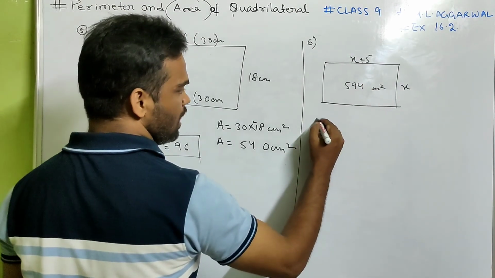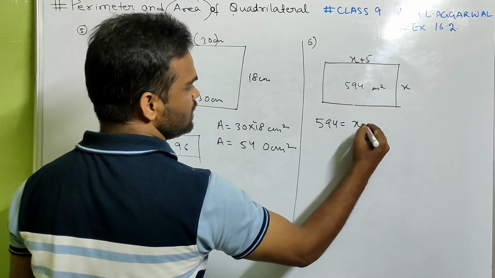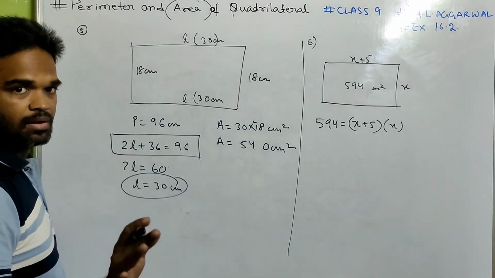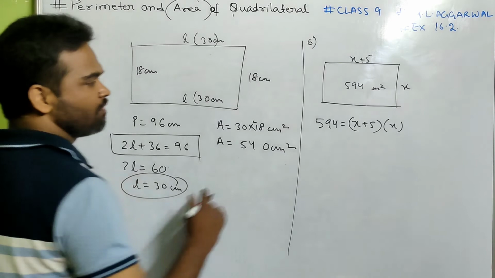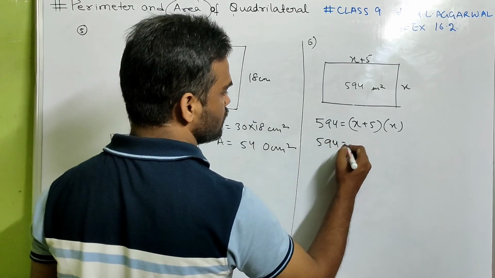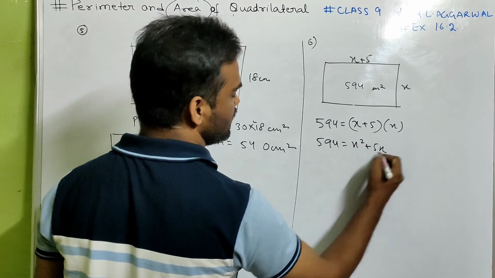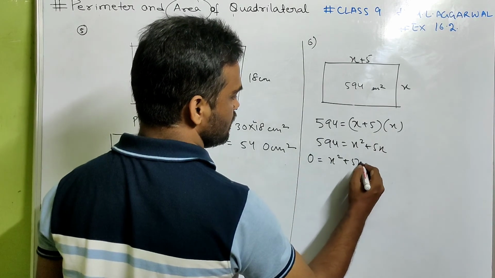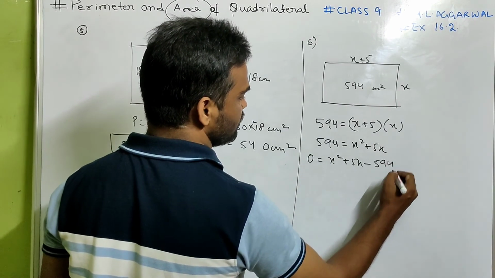See, area is equal to length multiplied by breadth. Am I correct or not? Just simplify it. So 594 equals to x square plus 5x. Take it on that side. So 0 equals to x square plus 5x minus 594.